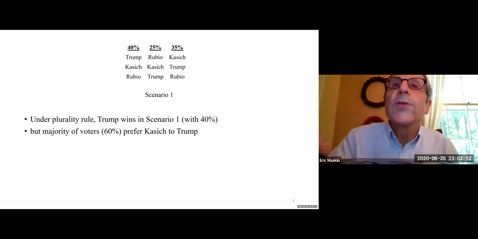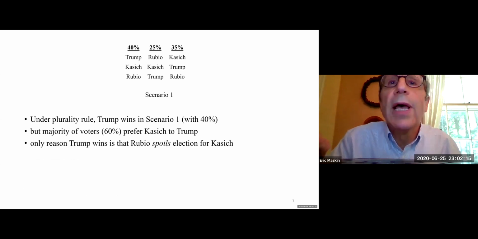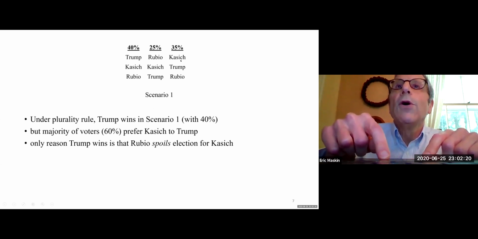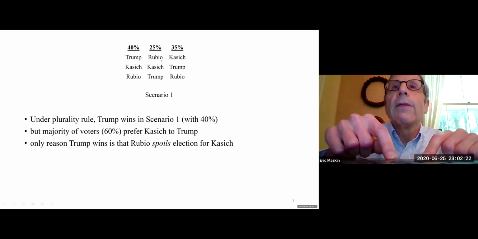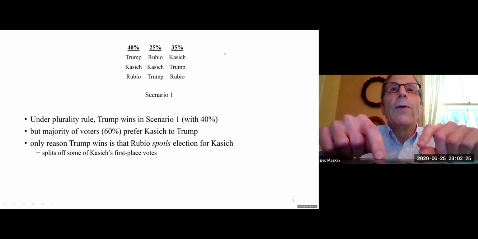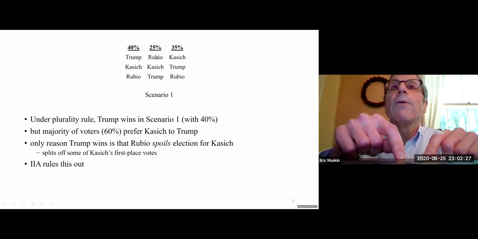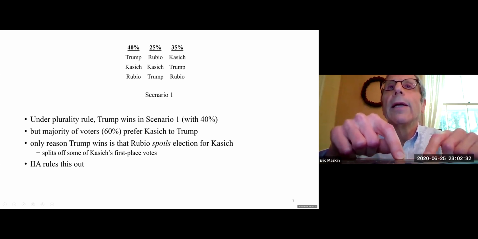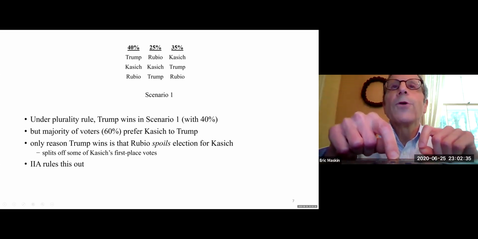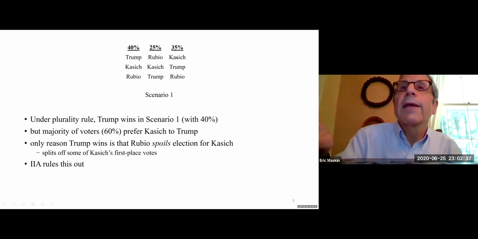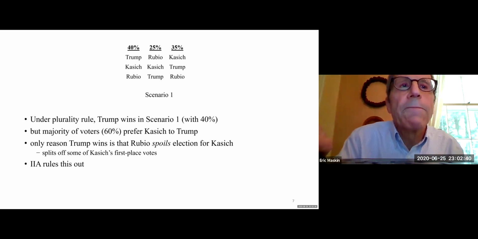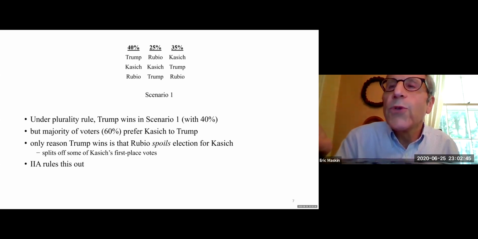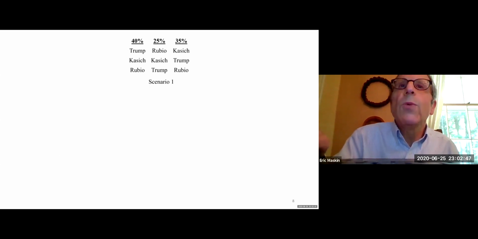Now, the reason Kasich loses under plurality rule is that Rubio, in effect, spoils the election for Kasich. He splits off some of Kasich's support. He splits off some of the first place votes that Kasich otherwise would have had. Now, Arrow's IIA rules this out, and let's see why.